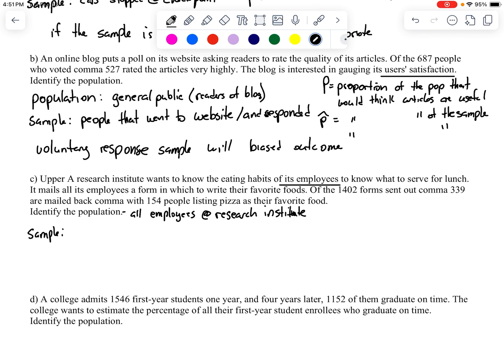Okay, the sample. What data am I specifically looking at? I'm looking at the 339 returned surveys.